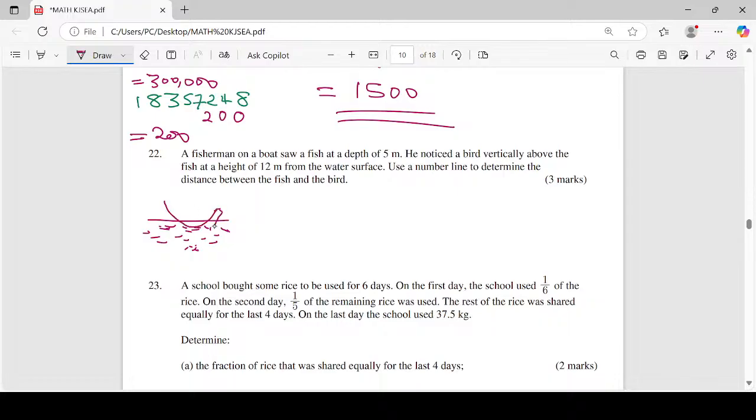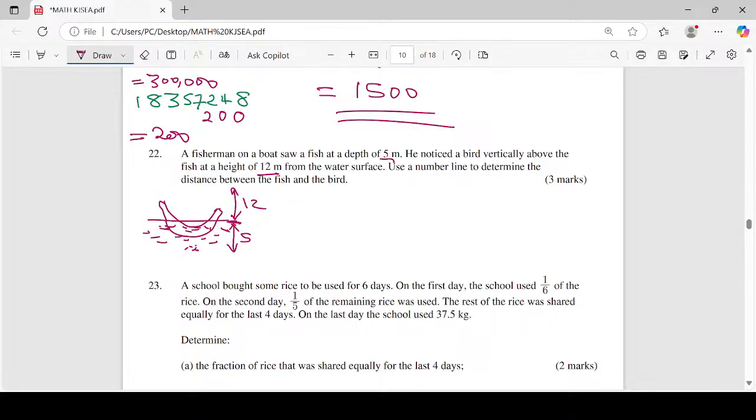This person saw a fish, 5 meters deep. But you also notice a bird vertically above the fish, at a height of 12 meters from the water surface.